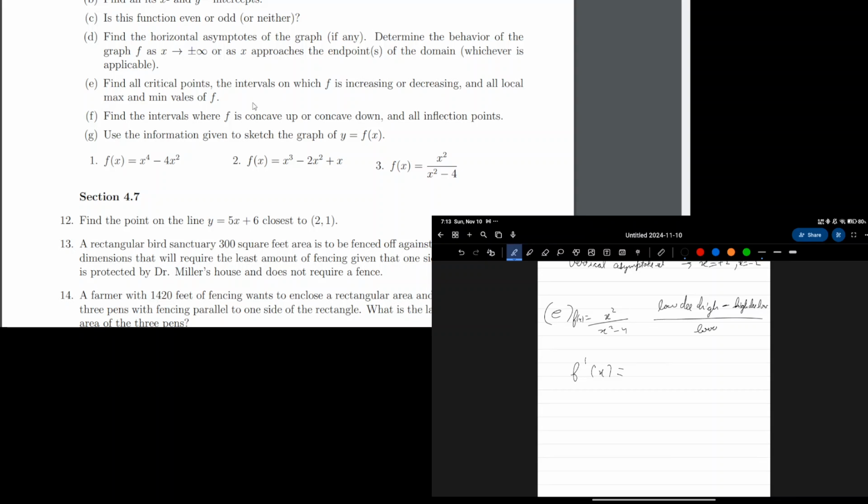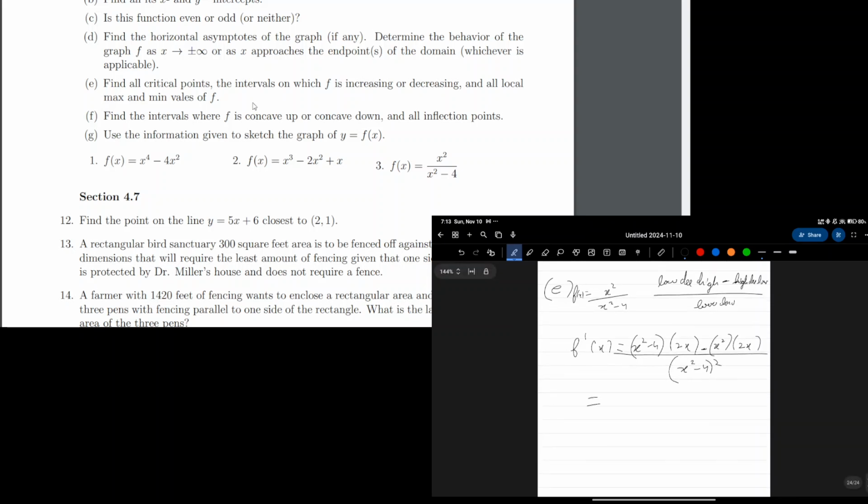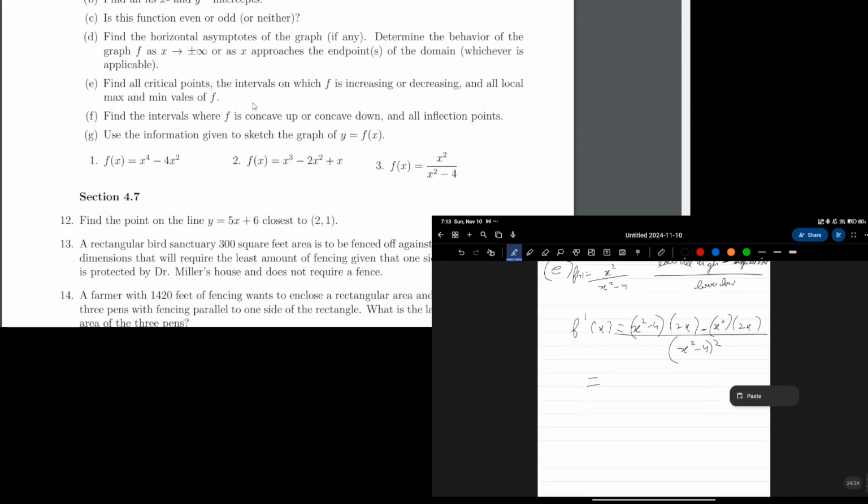So low squared, low, minus 1 d of high, which is 2x, minus high d of low, which is just 2x again, over low squared. Okay? I found this very silly when I got to know about this, but it actually works. I remember it.